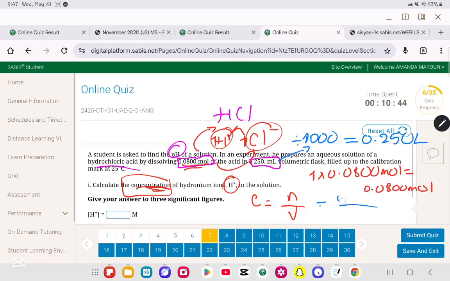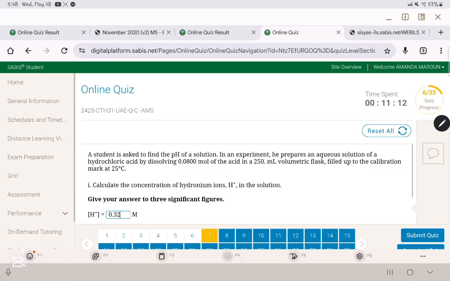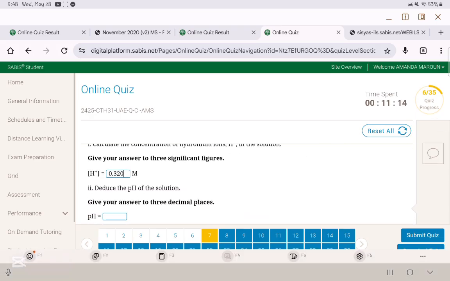You have the number of moles, 0.0800, over the liters, 0.250. You will put it on your calculator. And you are supposed to get an answer of what? Of 0.32 molarity. M is the unit for what? For the concentration. However, they wanted 3 significant figures, so you're going to write it as 0.320.